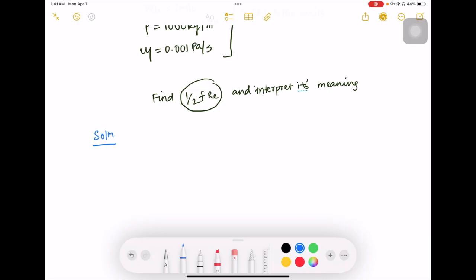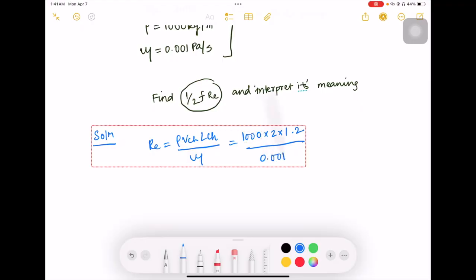We have RE as rho VCH LCH upon mu. That equals 1000 into 2 into 1.2 divided by 0.001, which equals 2.4 into 10 to the power 6.